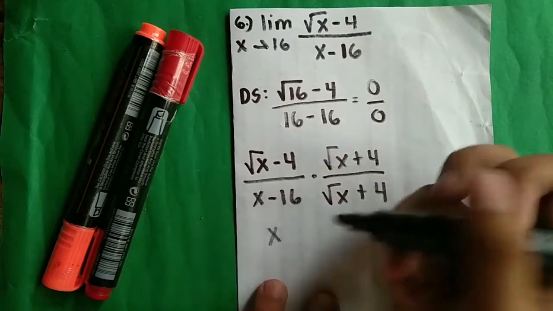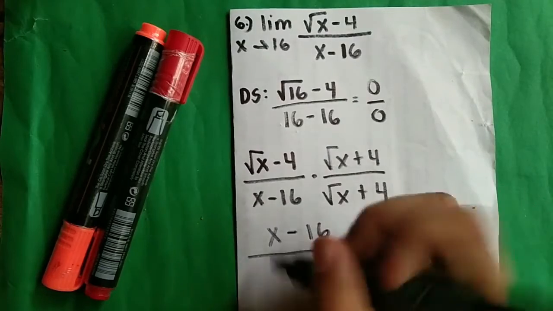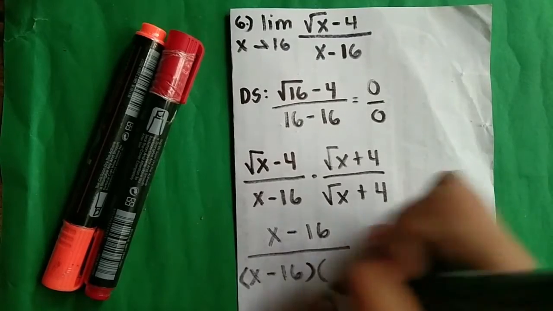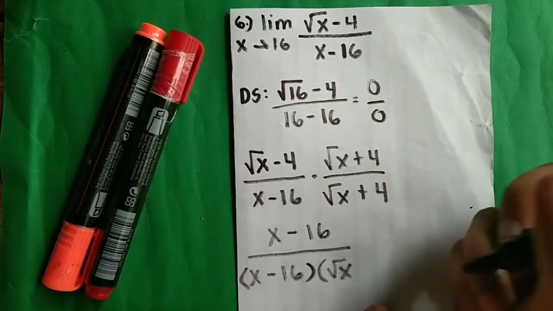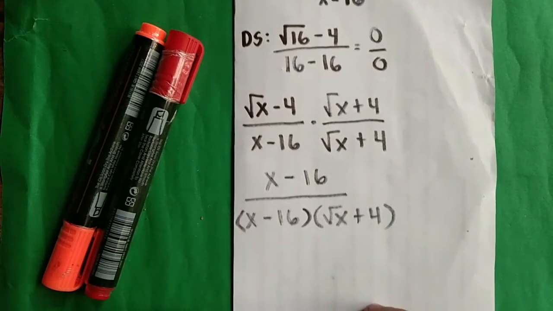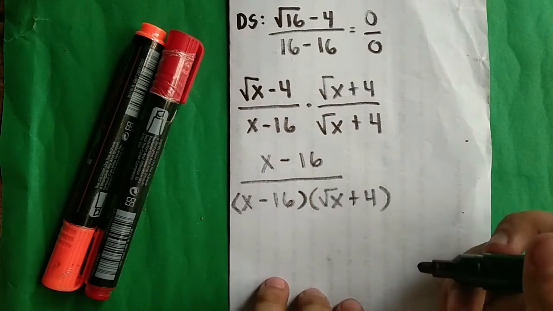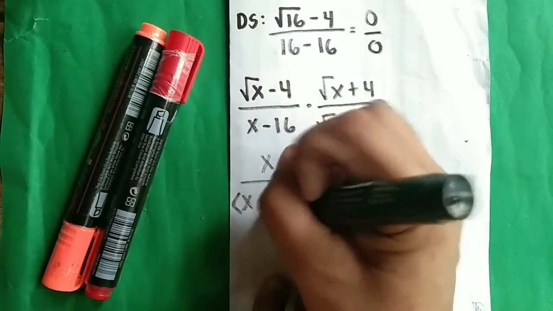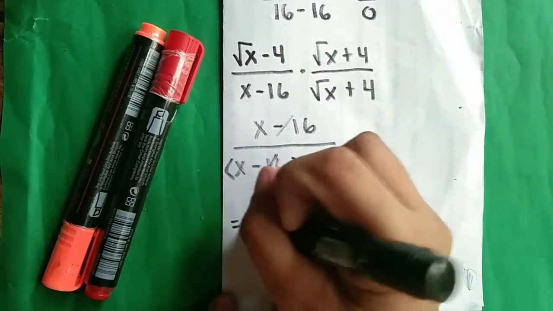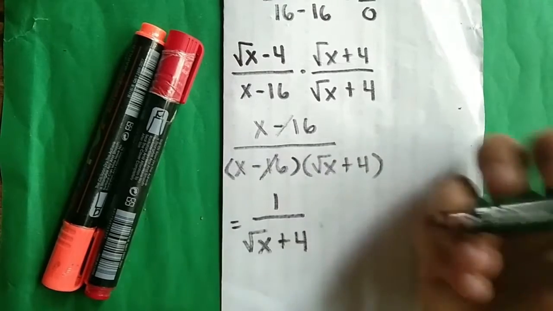Multiplying it, we get x minus 16 over x minus 16 times square root of x plus 4. Now we can simplify x minus 16 to x minus 16, and we get 1 over square root of x plus 4.